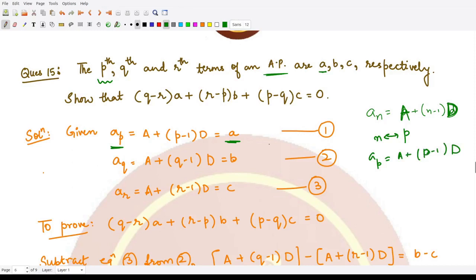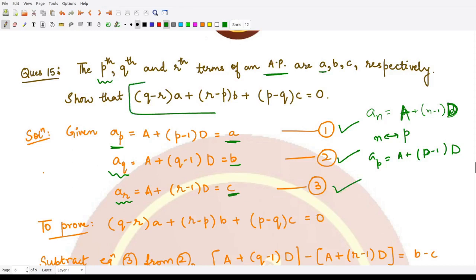This is what I have written over here, which is our equation 1. Similarly, the qth term would be A plus q minus 1 D, and it is given to be equal to b. This is our equation 2. Similarly, the rth term is A plus r minus 1 times D, which is given to be equal to c in the question. Let's mark this as equation 3.